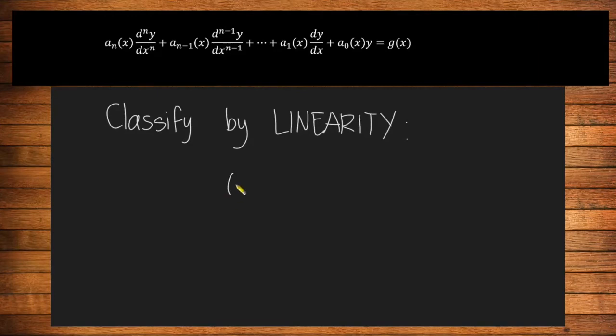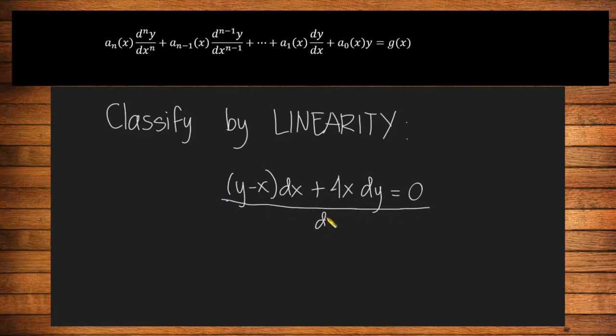For example, we have the equation (y minus x) dx plus 4x dy equal to 0. So, kung titingnan natin, at first, napakalayo niya dun sa form, okay, na nasa taas. So, baka isipin nyo na hindi ito linear. So, yung gagawin natin is, i-rearrange lang natin with some algebraic manipulations. So, first, i-divide natin yung whole equation natin by dx.